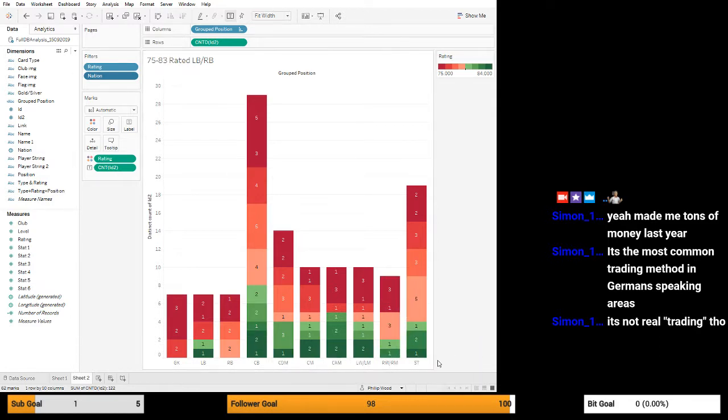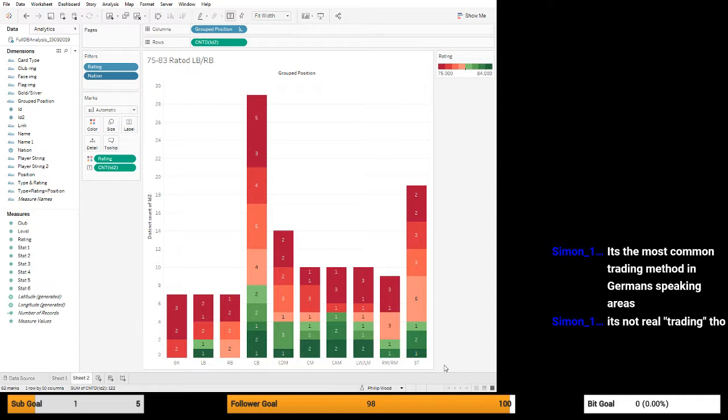So what I've done is just grouped all the strikers. So there was a couple of CFs, central strikers. It's not real trading, it's like trick trading, almost like when one of the other traders, I forget who it was, did loads of trading of the UCLs.